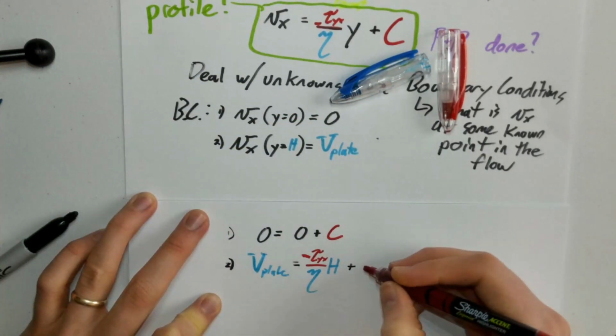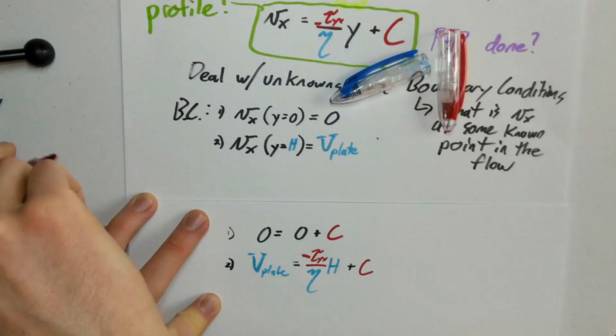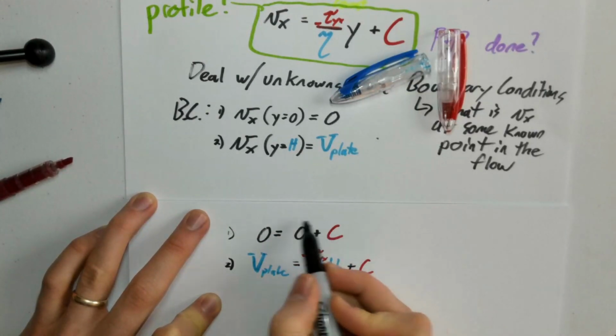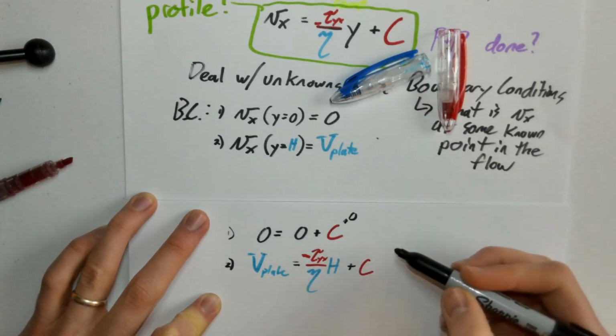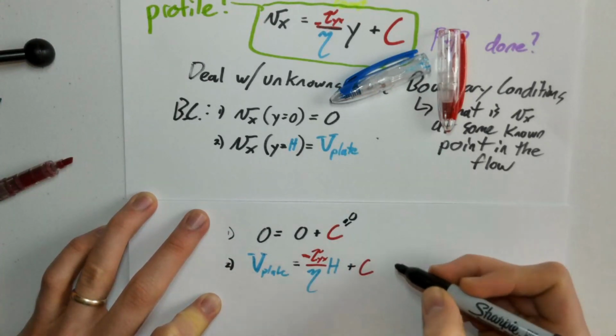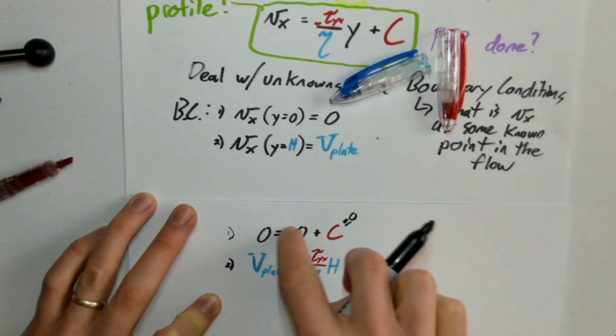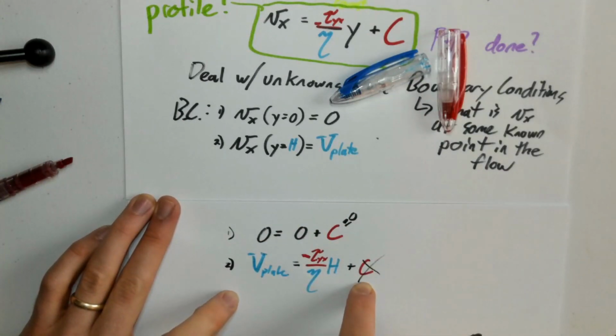Plus, and we have plus c. But right away, we look at this first equation and we know that c has to be equal to 0, right? And if c equals 0, then we can sub in the result from this first equation into this second one.